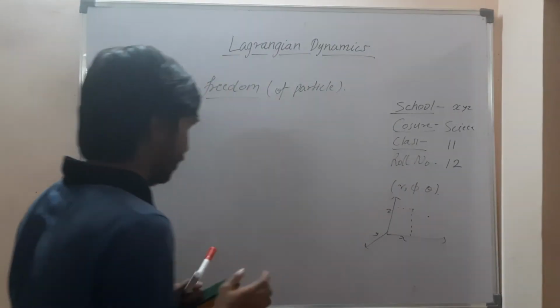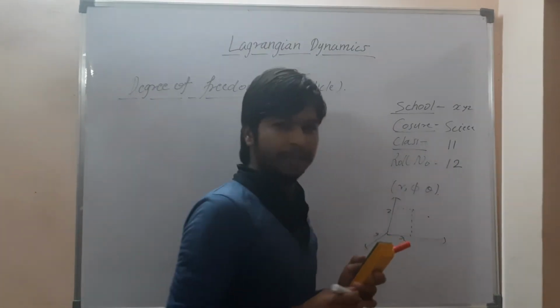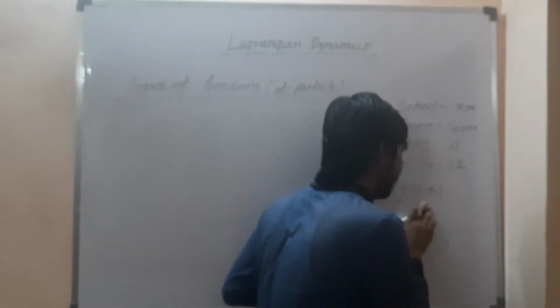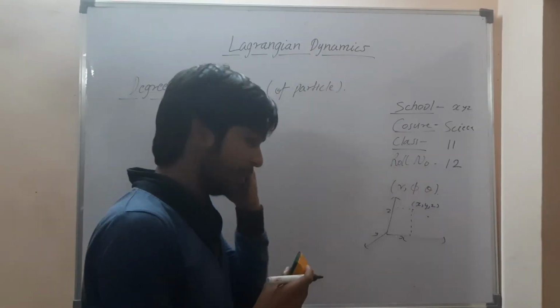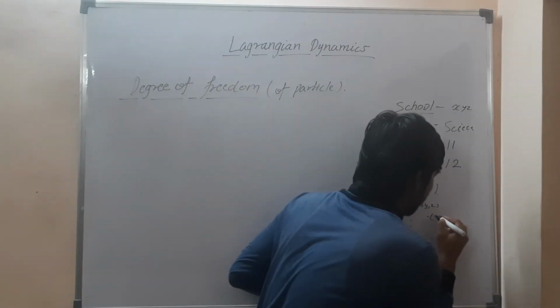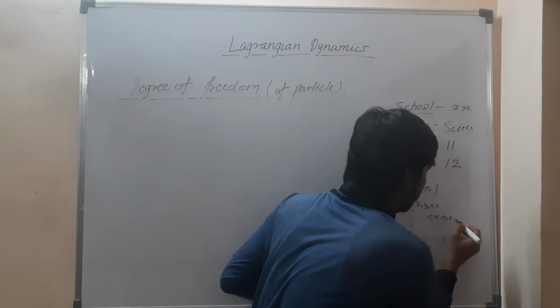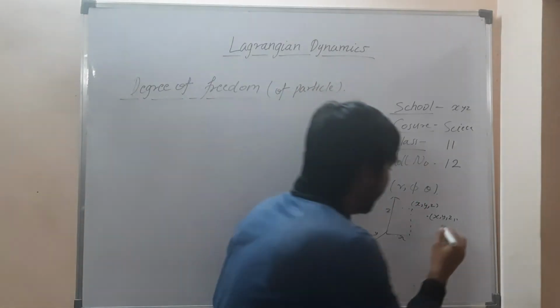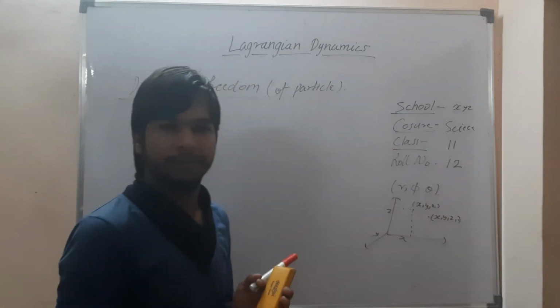Similarly, if I go about two birds, then 3 unknowns are there for the first: X, Y, Z. Similarly, 3 things are unknown here also. Let me consider x1, y1, z1. So what is the total number? I should know 6 unknown numbers.